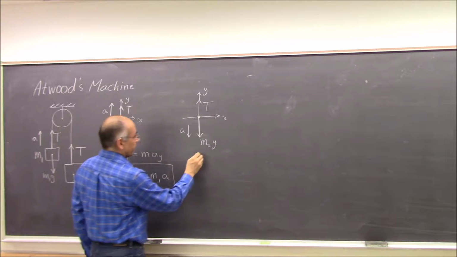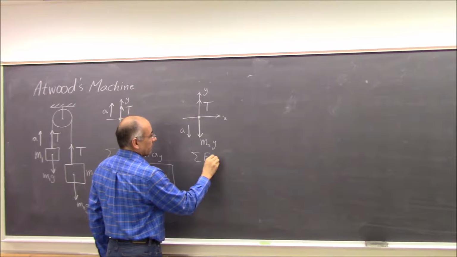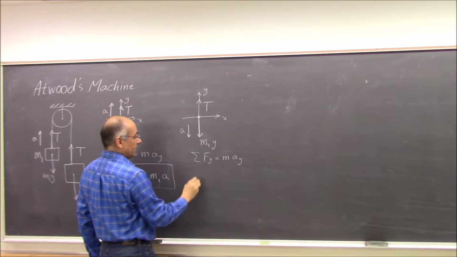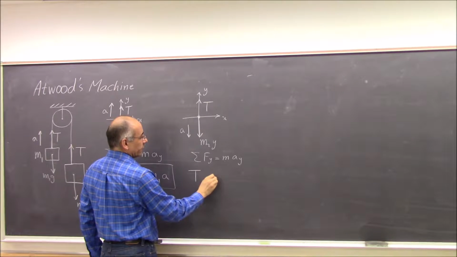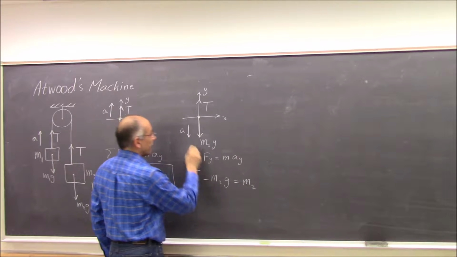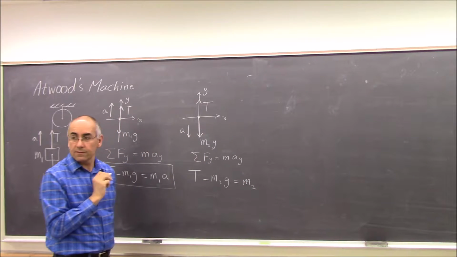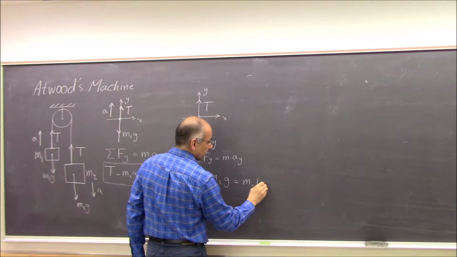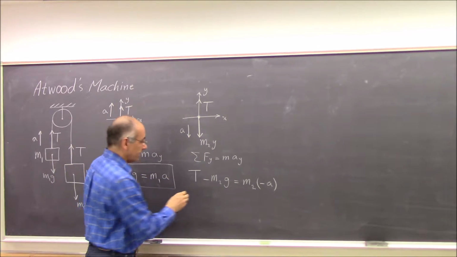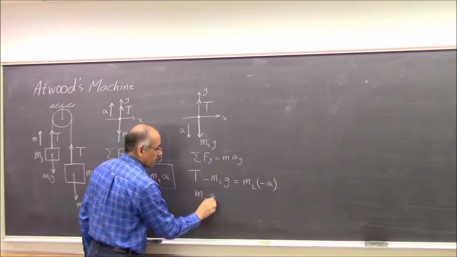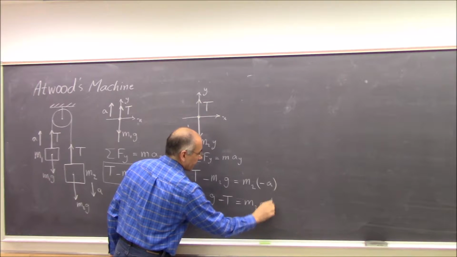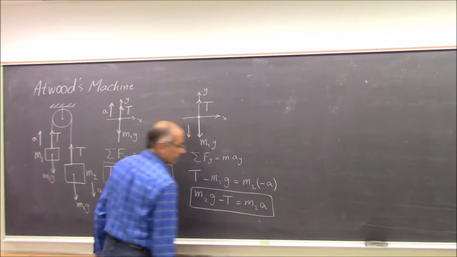So sum of Fy equals M ay again. Sum of Fy means T minus M2G equals M2 times the Y component of acceleration, which is negative A. If you multiply by a negative sign, you get M2G minus T equals M2A. And this is the second equation.